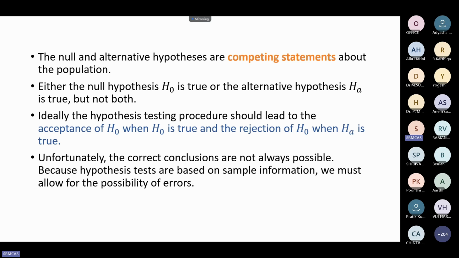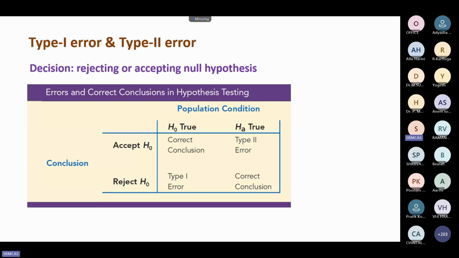Unfortunately, whenever we take a decision in rejecting or accepting the null hypothesis, as human beings we may commit an error and take the decision wrongly. Let's see here: whenever the null hypothesis is true, if we accept the null hypothesis, this is a correct decision.